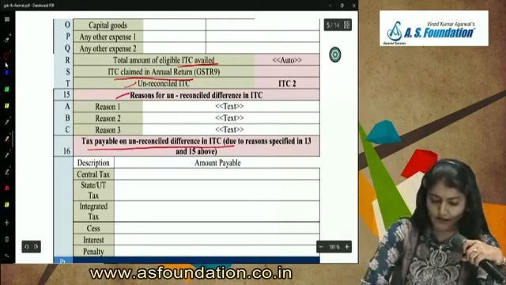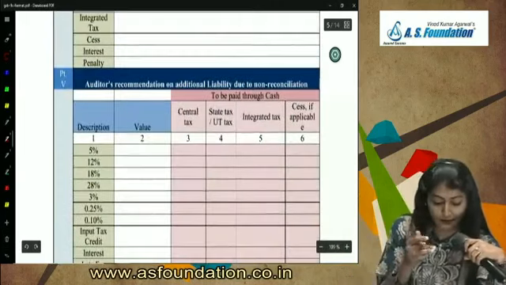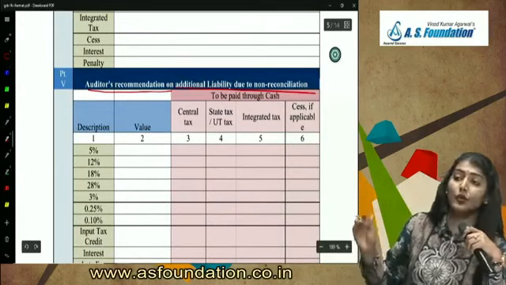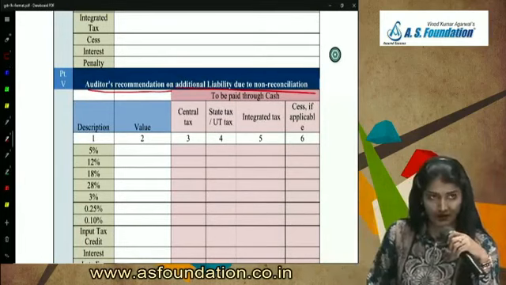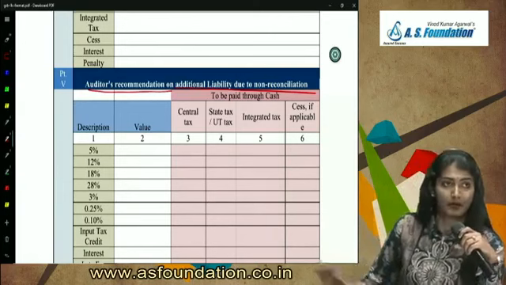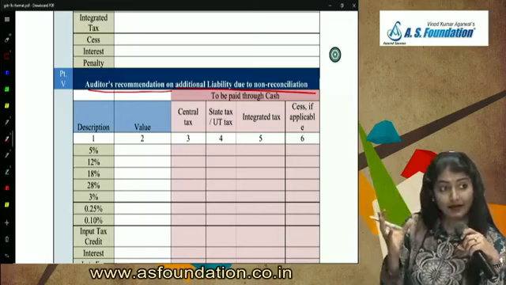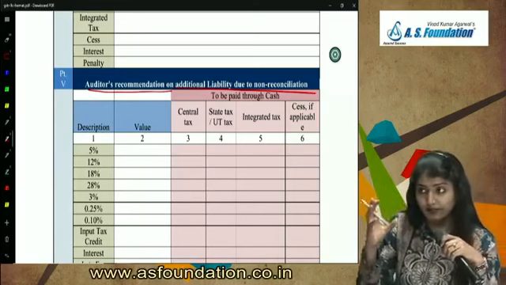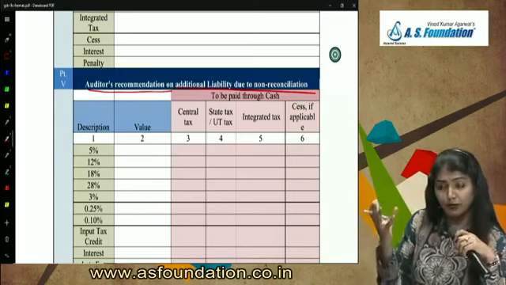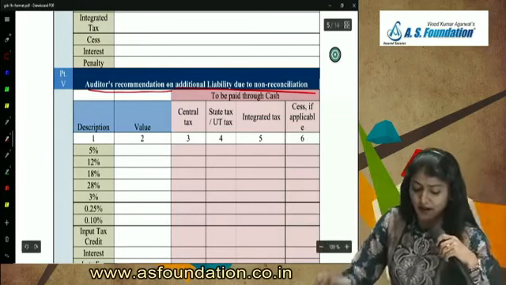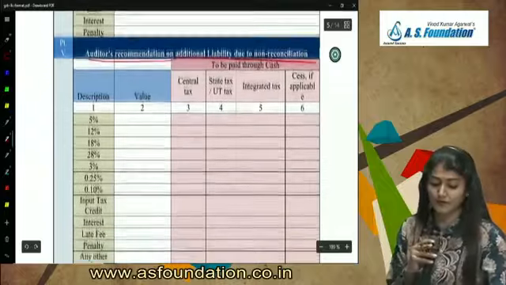And then you have the last one, point 5, the auditor's recommendation on the additional liability due to non-reconciliation. Right, so part 1, basic details. Then part 2, turnover. Part 3, the reconciliation of the tax paid. Part 4, the ITC claimed. And part 5, the auditor's recommendation on the additional liability due to non-reconciliation.